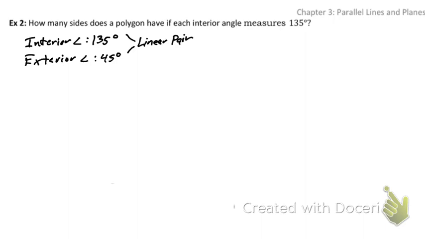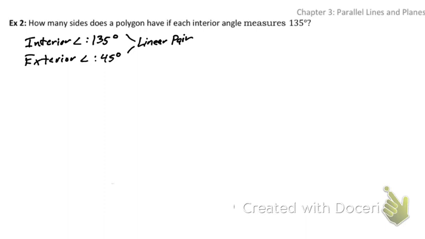What happens when I add up all my exterior angles? What does that equal? 360, thank you. So if one of my exteriors is 45, I know when I add them all together, they equal 360. So you just have to figure out how many times you have to add 45 to equal 360.